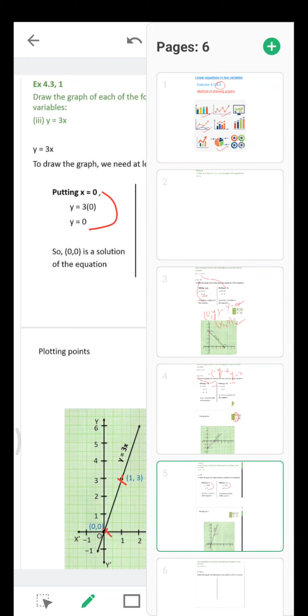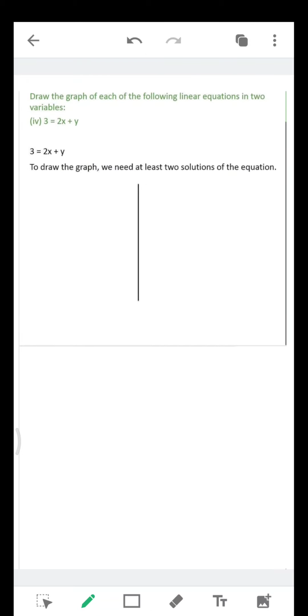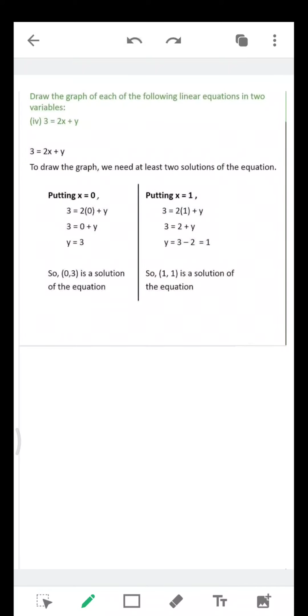Then the next question, in this question also the equation is given: 3 is equal to 2x plus y. So we'll find one solution taking x is equal to 0. We'll get y is equal to 3. You can see, substituting 0 in place of x, 2 into 0 is 0, y is equal to 3. So 0, 3 is a solution. Then I'll find one more solution, putting x is equal to 1.